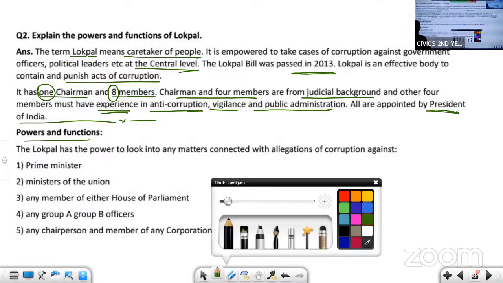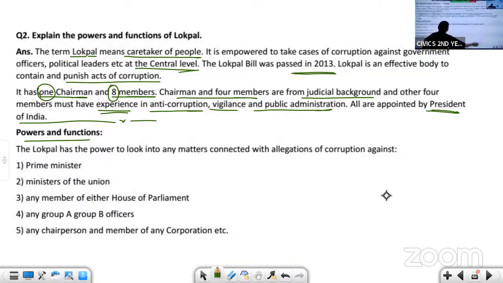Now, next is powers and functions of Lokpal. Lokpal has power to look into the matters connected with allegations of corruption against the Prime Minister.